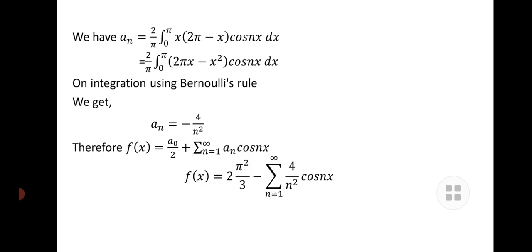After solving the a0 and an values, the series is equal to 2 pi square by 3 minus summation n is equal to 1 to infinity 4 divided by n square cos nx.